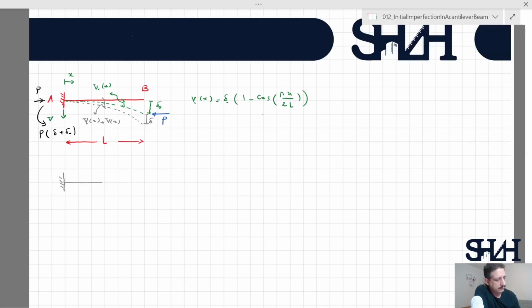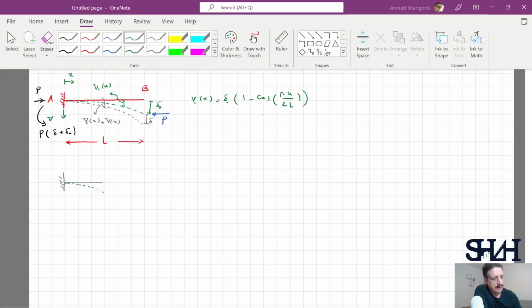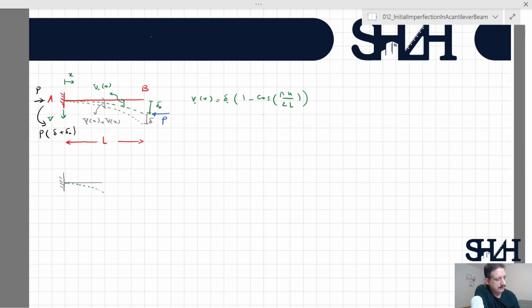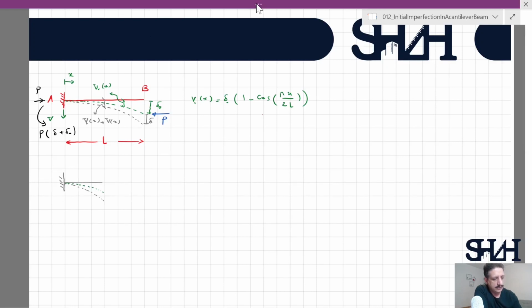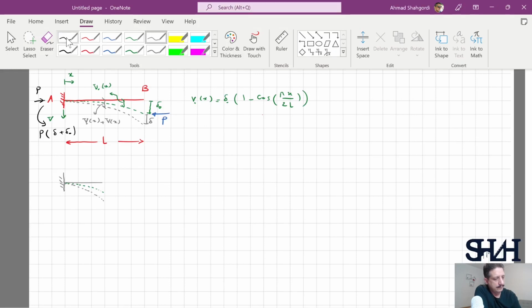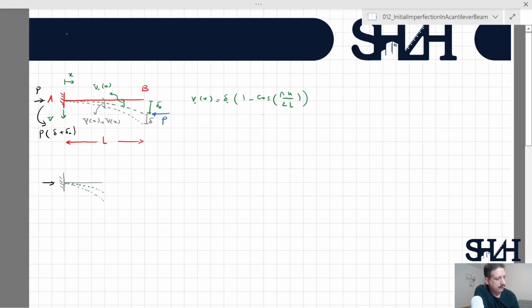The initial deformation is already known, and after applying the force, the gray dashed line shows the deformation. Force P and bending moment P times delta plus delta 0.